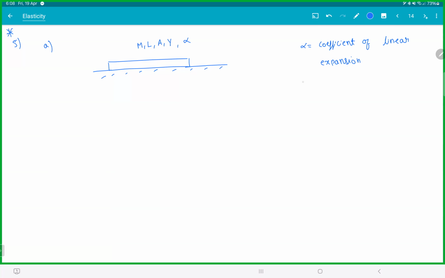Y is the Young's modulus, A is the area of cross section. Ground is smooth. Find stress and strain when temperature changes by delta T.